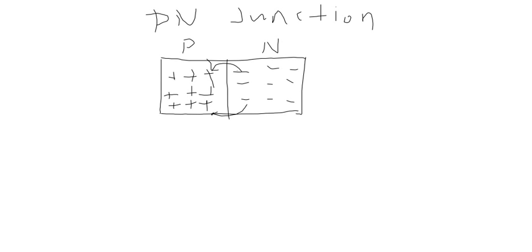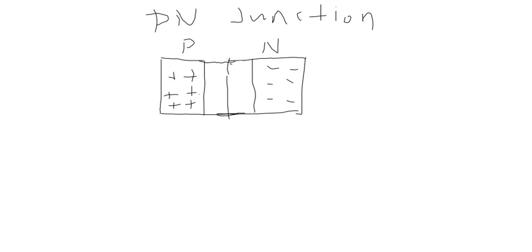It's what we call recombination. And what happens is they cancel each other out. And they form a region on either side of the junction.